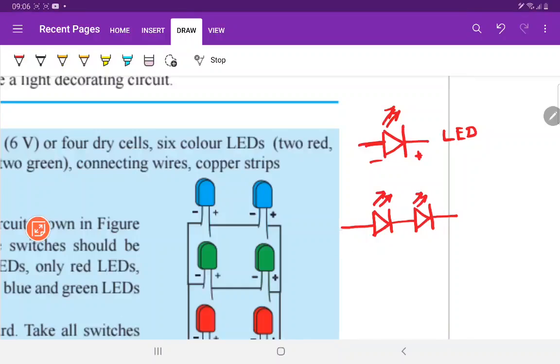Okay, that one is the blue one. This one will be the green one.